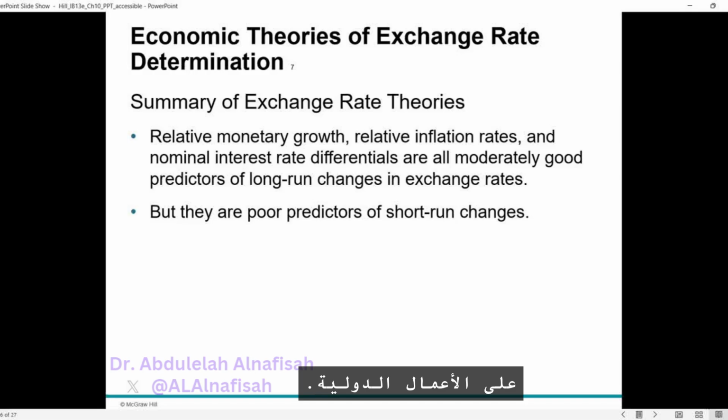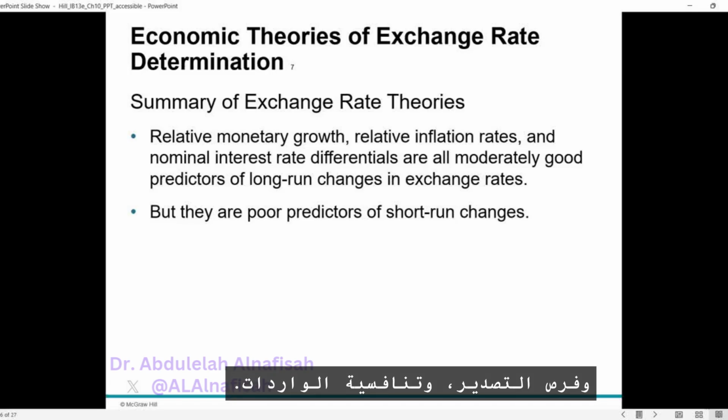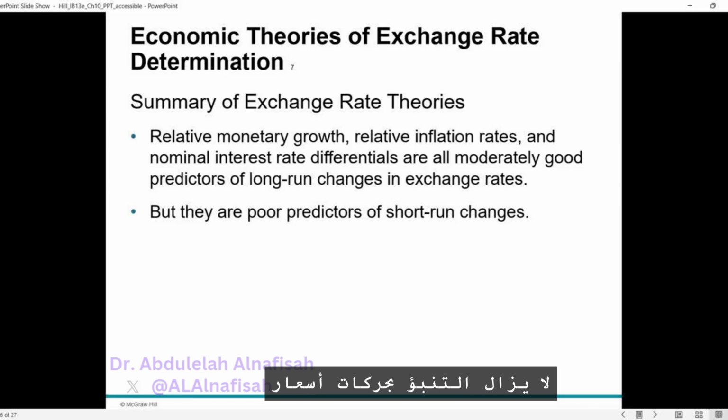For international businesses, monitoring these economic indicators is valuable for understanding long-term impacts on foreign investment profitability, export opportunities, and import competitiveness. However, predicting short-term exchange rate movements remains challenging, limiting the ability to anticipate daily fluctuations in foreign exchange transactions.